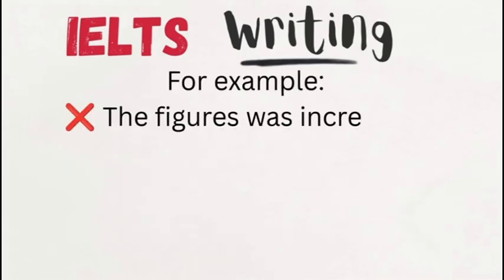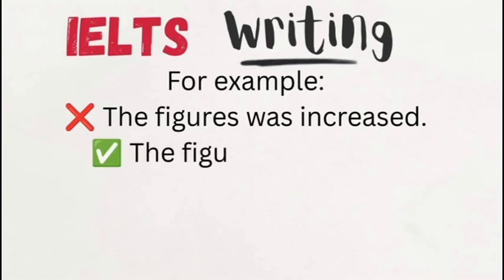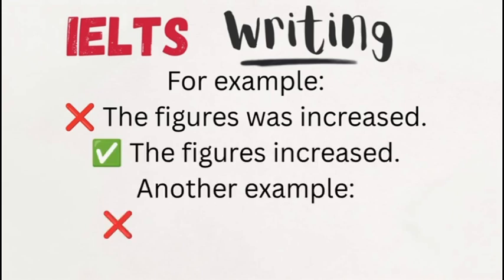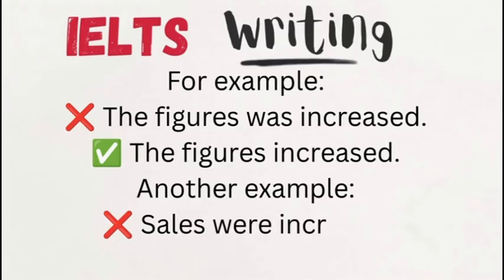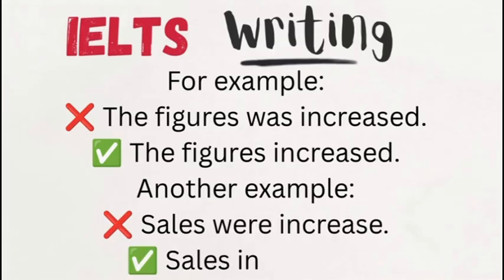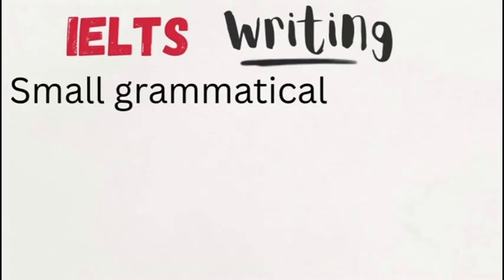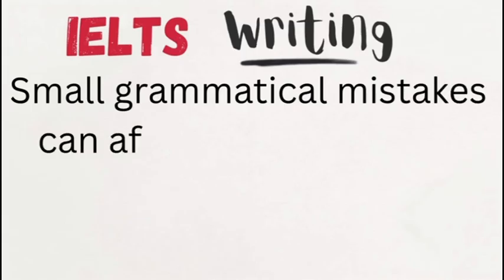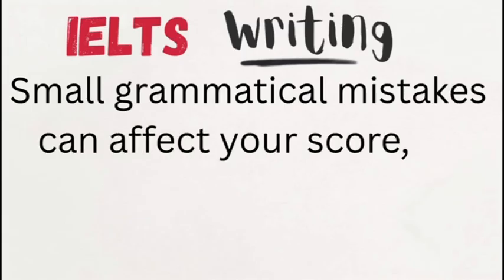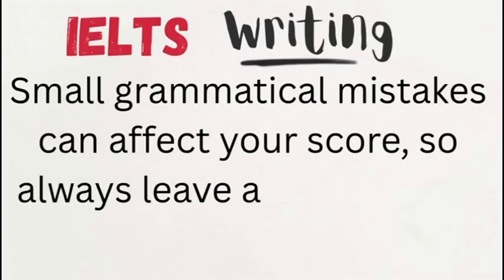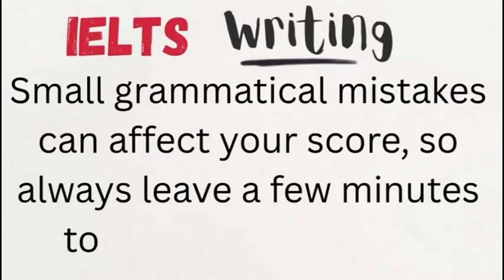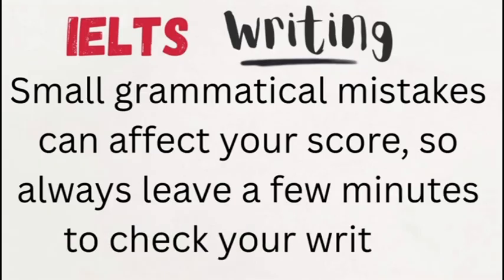For example, the figures was increased is incorrect. The figures increased is correct. Another example is sales were increased is incorrect. Sales increased is correct. Small grammatical mistakes can affect your score, so always leave a few minutes to check your answer.